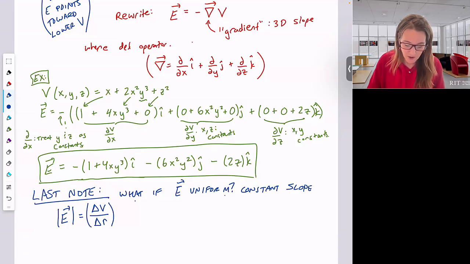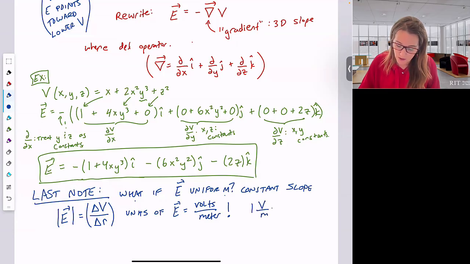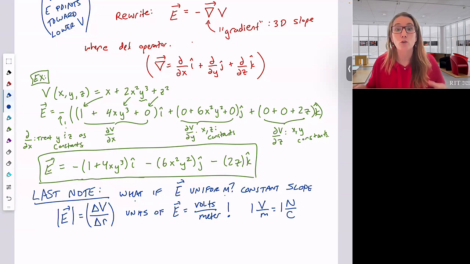So that can give us units of delta V, and that's again capital V for our potential, which would be volts per meter. So that's a useful idea for a unit. And it turns out that 1 volt per meter, and you can show this, is equal to 1 Newton per Coulomb, which was our previous units of electric field.